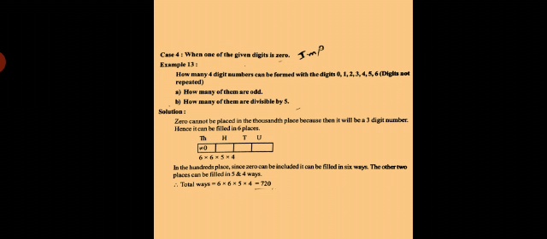Try to understand the concept, whether it is an odd number or an even number. Therefore, the total number of ways is 6 into 6 into 5 into 4, which equals 720.